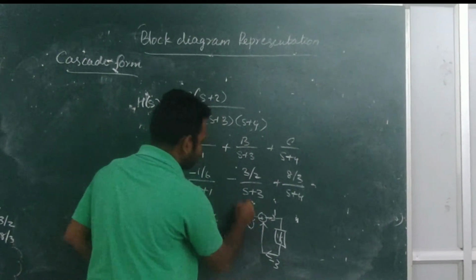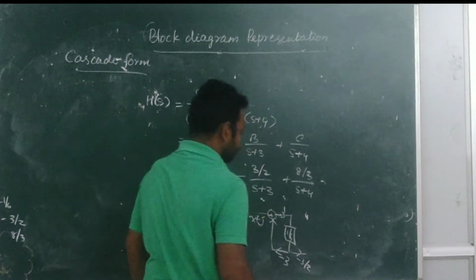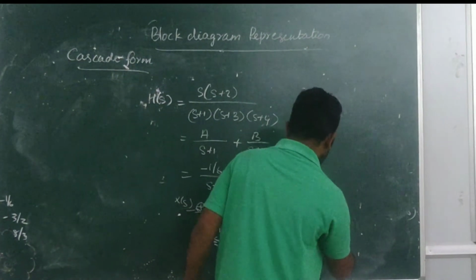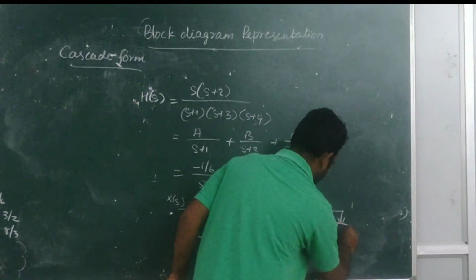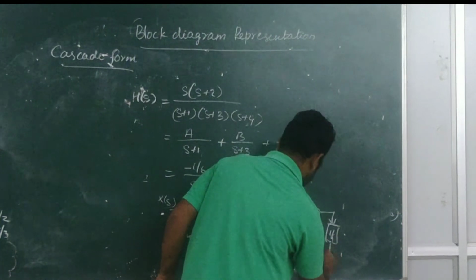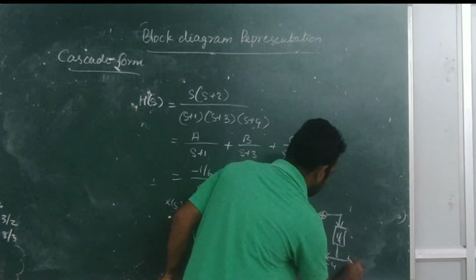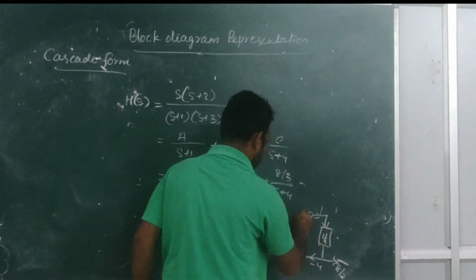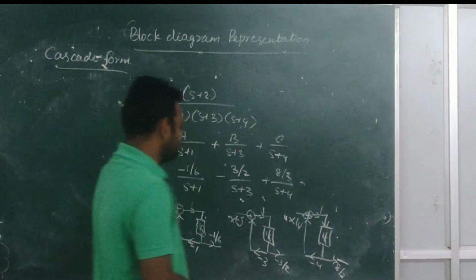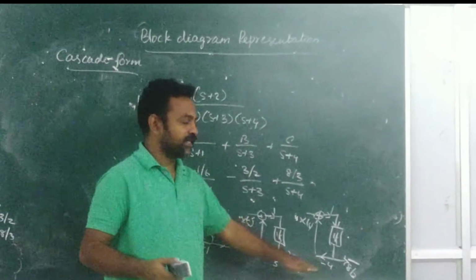Again same x of s only. Here you have the coefficient minus 3 by 2. Then the third one, it is minus 4 and here it is 8 by 3. So like this we are having three different direct form 2 realizations.